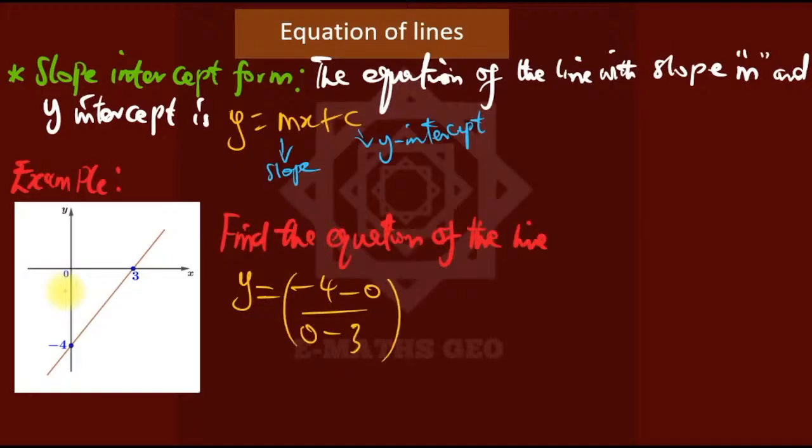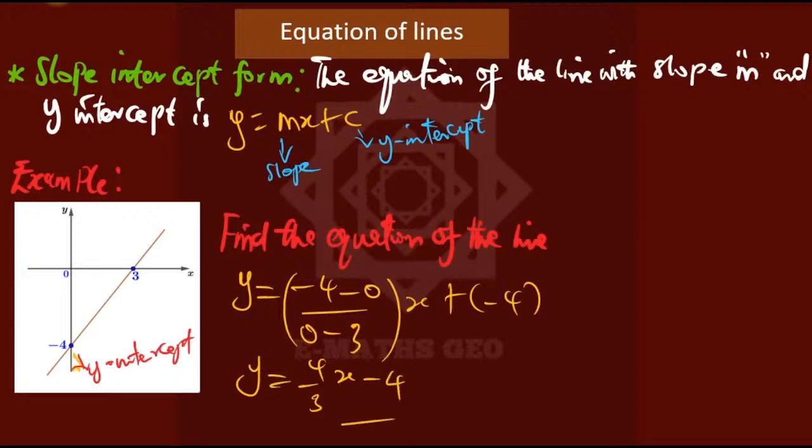That's our slope, times x, plus our y-intercept, which is minus 4. So our answer is y equals 4 over 3 x minus 4. That's the equation of the line.